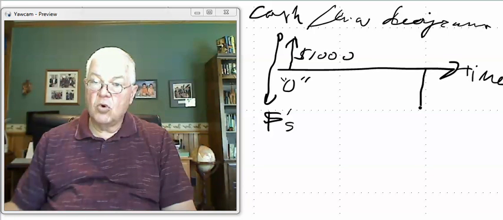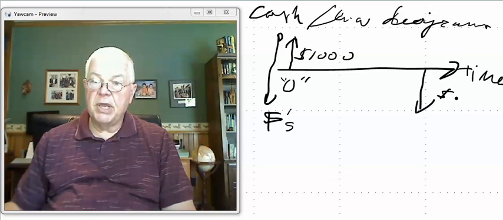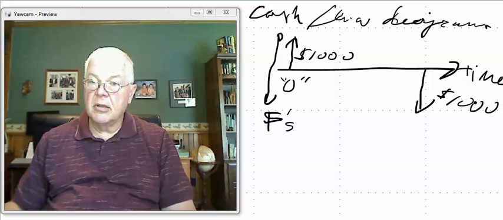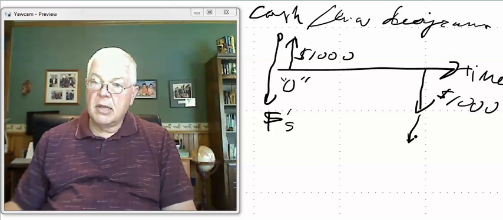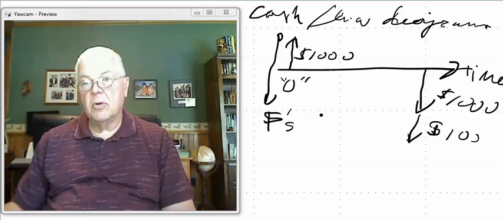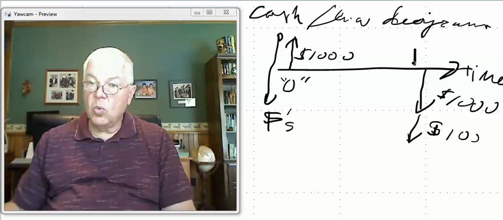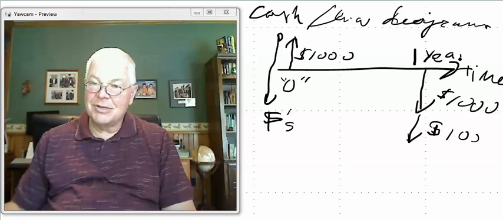So sometime over here, I would have to pay the 1,000 back, and I would have to pay the interest, which would be 100. And this would be at the end of the year, so this would be 1 year.